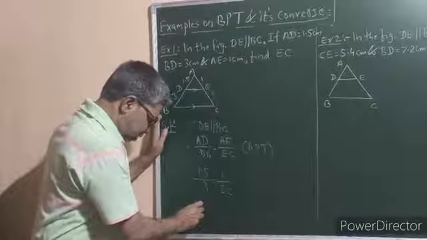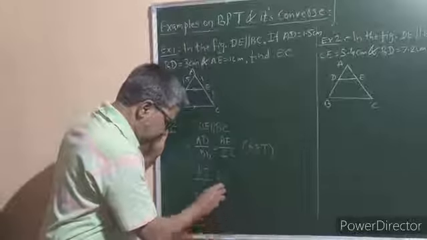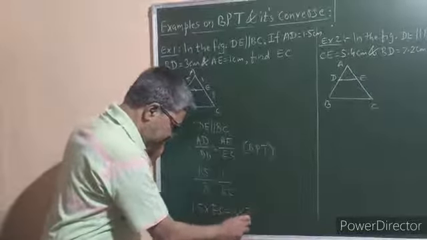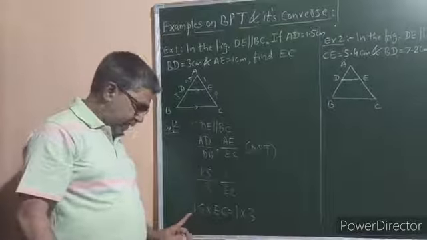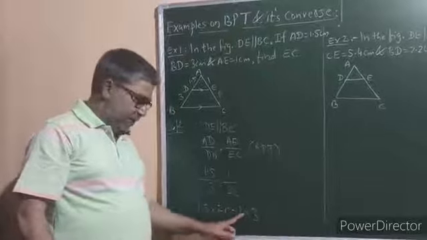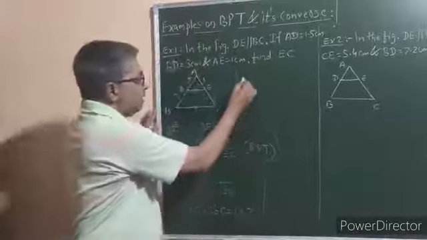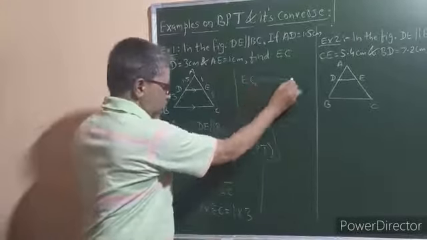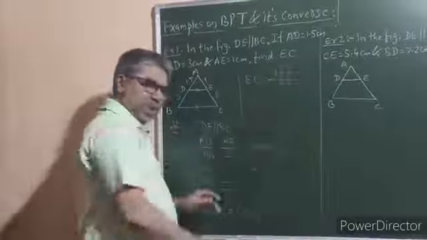So 1.5 multiplied by EC is equal to 1 multiplied by 3. So our next step will be EC is equal to 1 into 3 divided by 1.5.